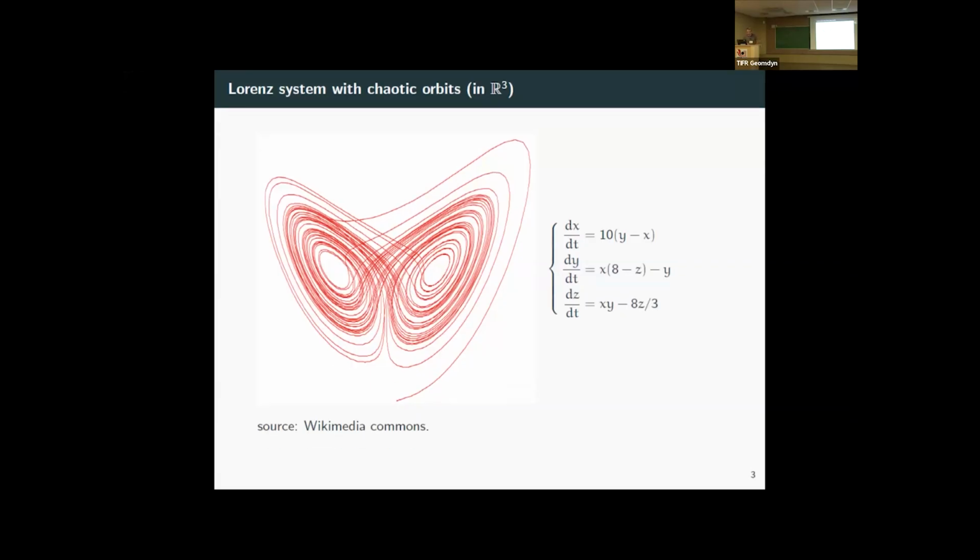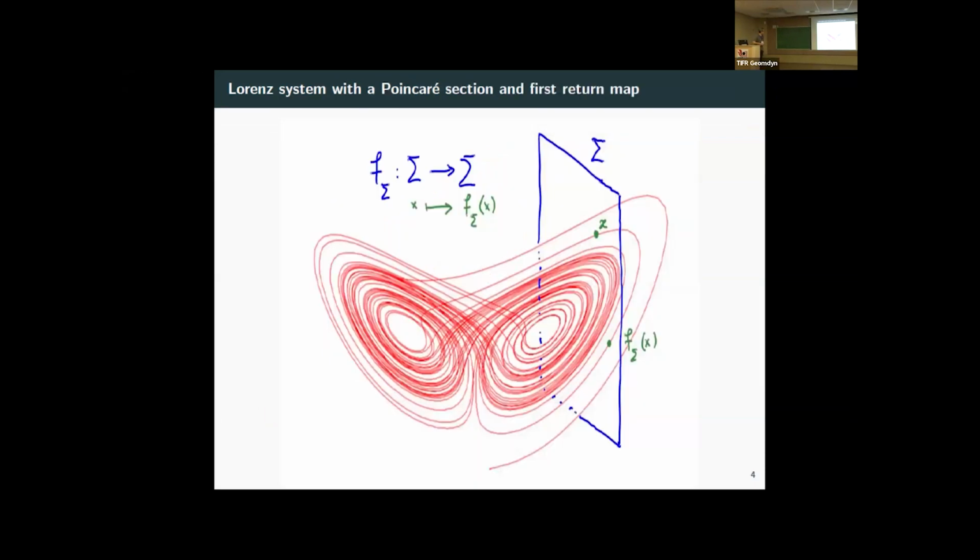So I come back to the Hénon map. One idea to study this dynamical system is to use a transversal. Sigma is a plane of dimension 2 in this space of dimension 3. You consider a point x on this sigma, and then you follow the orbit going outside sigma.